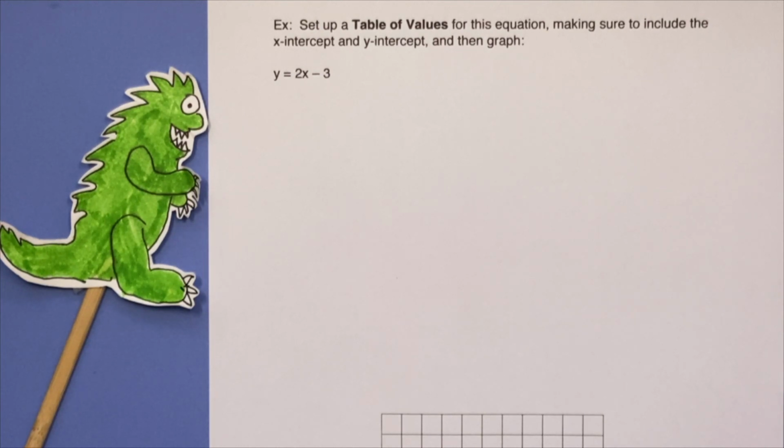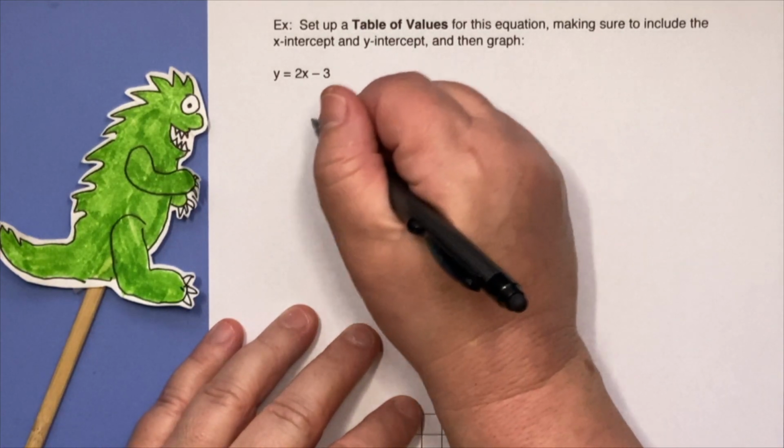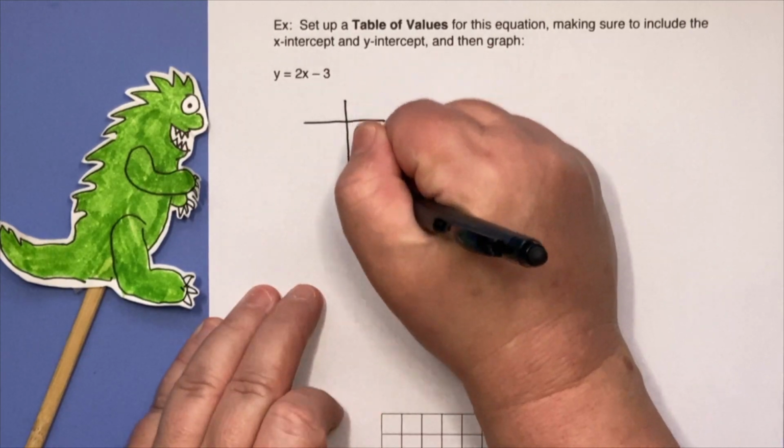You can graph a line using just the intercept and the slope. You can graph a line setting up a table of values. You can graph a line by just plotting the intercepts. I mean, tons of different ways to graph a line. But we're going to go ahead and set up a table of values just for practice.